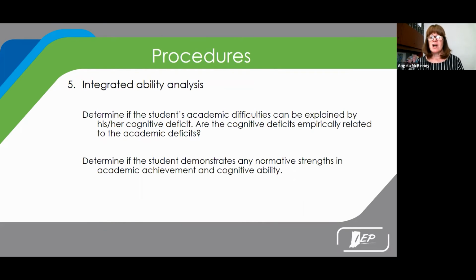So now, if we've got a significant difficulty in academics and we have a significant difficulty in cognitive deficit, then we're looking for patterns. We're looking for explainability, right? There has to be something that makes sense, just like any of the methods. The connection between my 2 weak areas, cognitive and academic, should make sense.